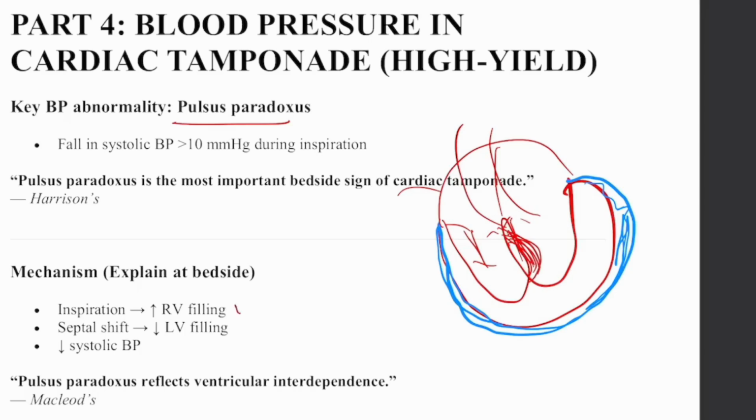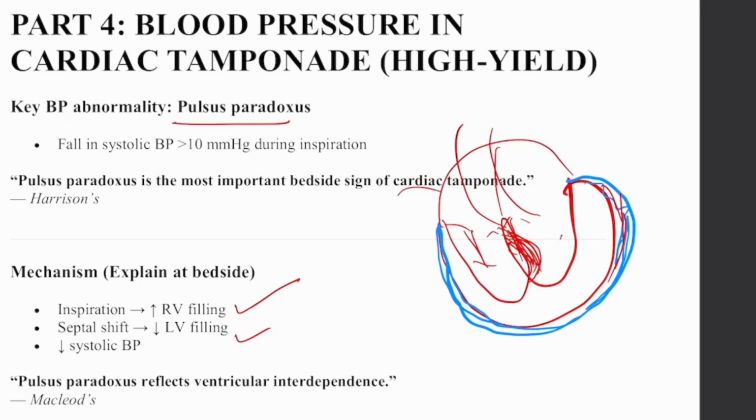So in inspiration, there is RV filling and the septum shifts towards the left side. This produces a decrease in the stroke volume, as the left ventricular filling is impaired, especially when there is fluid in the pericardium. So stroke volume decreases, and this leads to decreased systolic blood pressure during inspiration.